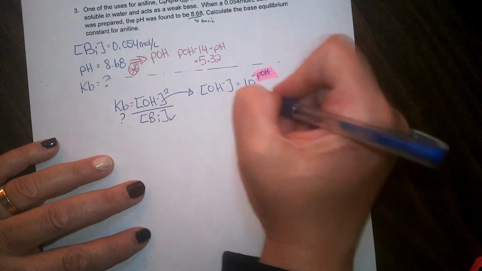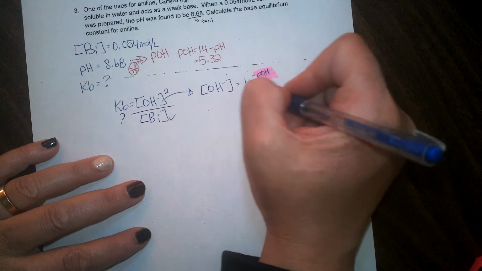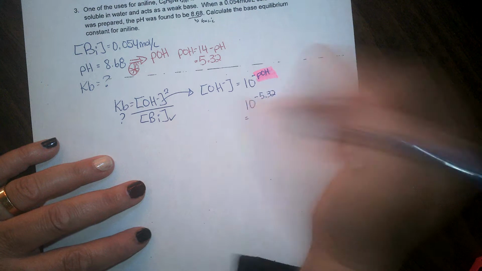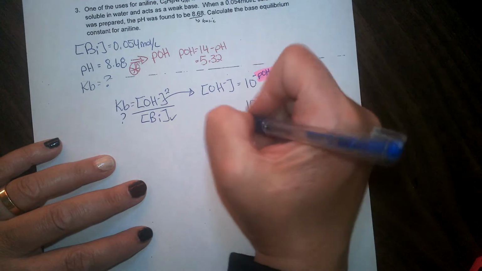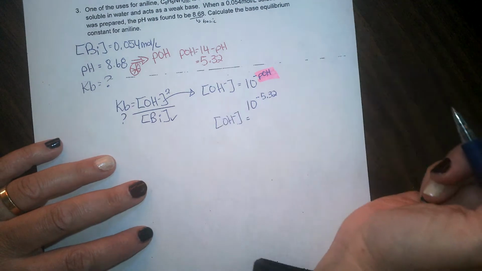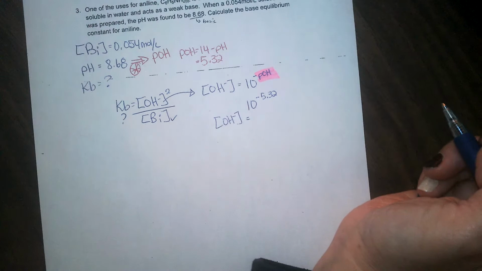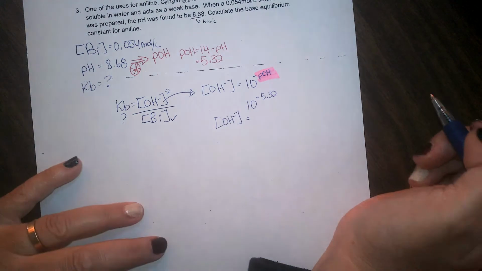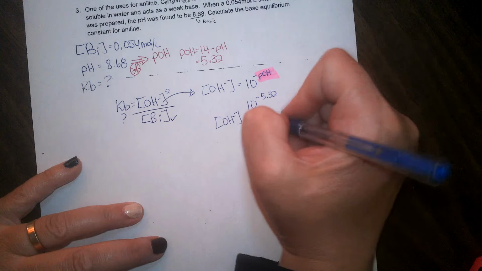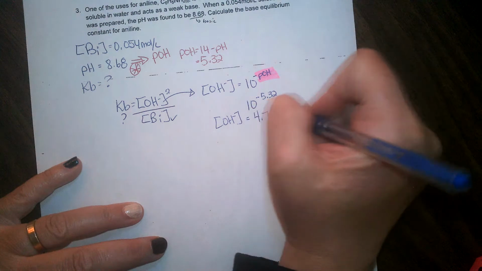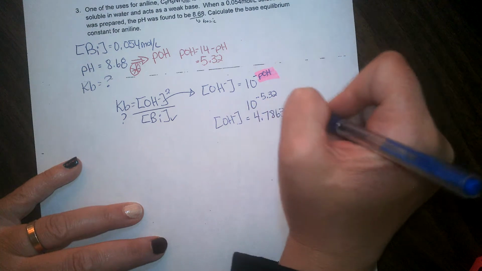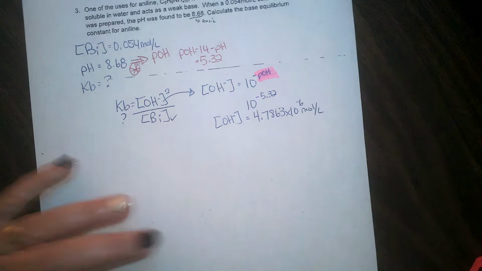So it's going to be 10 to the negative 5.32. So I get what for a value? 4.7863 times 10 to the negative 6 moles per liter.